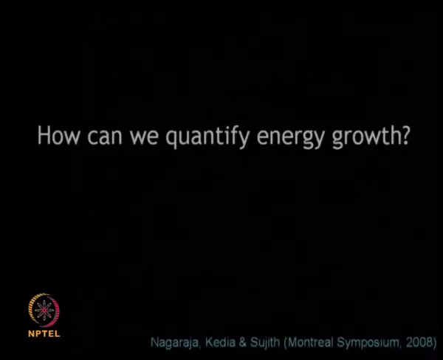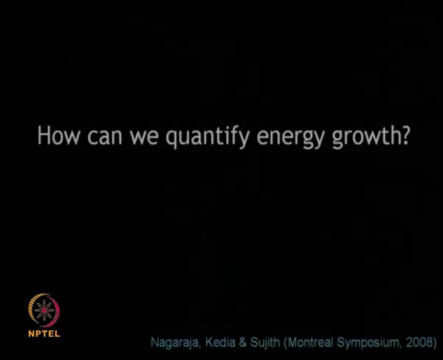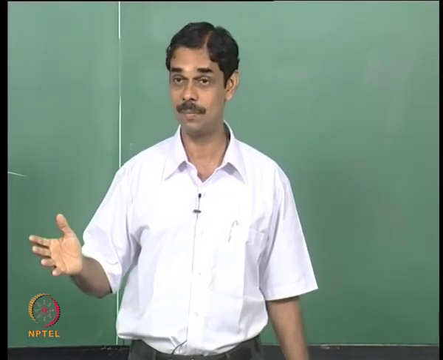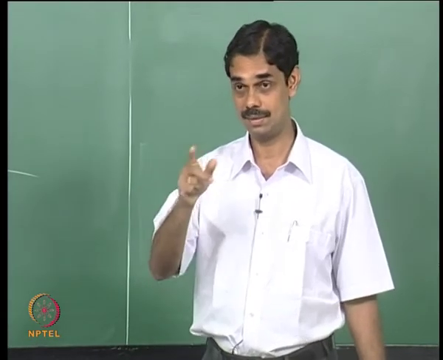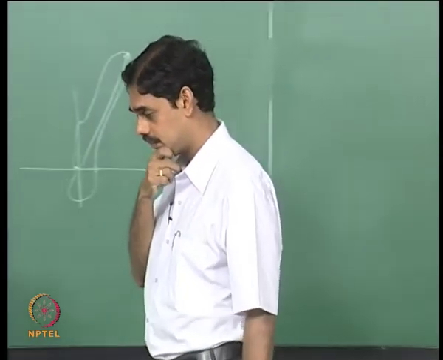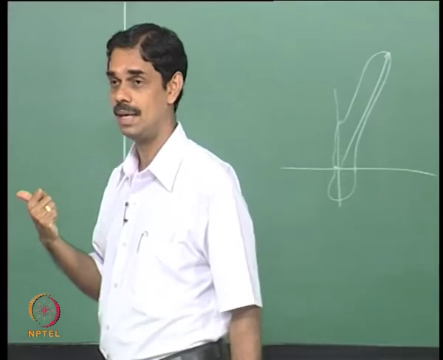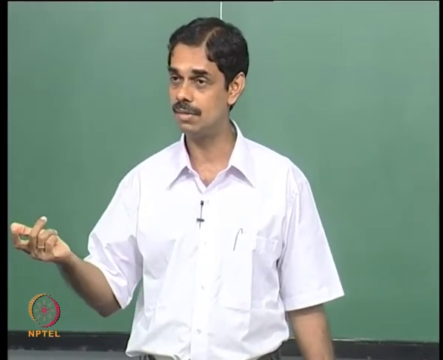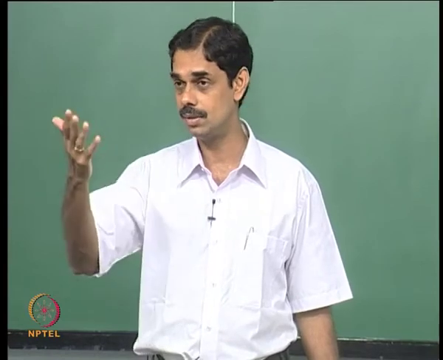Now the question is, as he asked, how can you quantify energy growth? Vikram, right? There are two things, only the direction and how much it is growing, and the growth definitely should depend on the direction, as you rightly pointed out. If I showed the example last time that you are exciting things around the eigenvector, will there be transient growth?